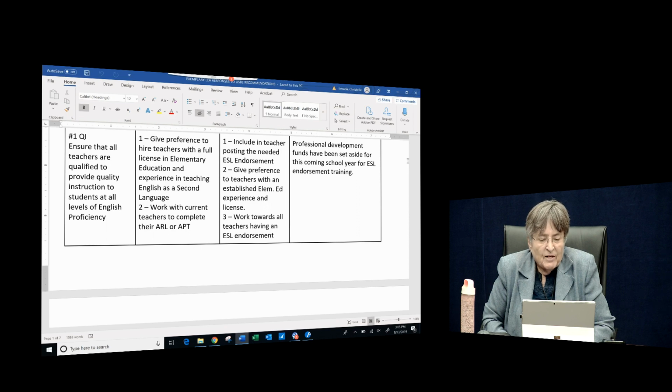So give preference to hire teachers with full license in elementary education and experience in teaching ESL. Work with the current teachers to complete their ARL or APT. Include in teacher posting the need for an ESL endorsement.